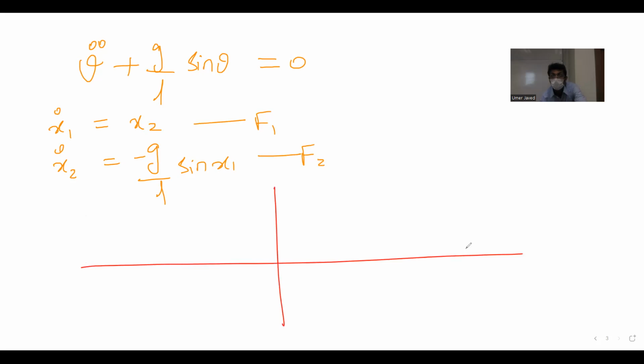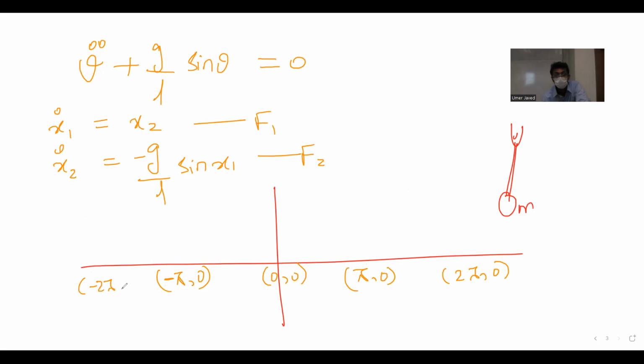So in the phase portrait diagram, you will find that for a simple pendulum, if this is the rigid rod and this is the bob, there are actually infinite equilibrium points. One is 0, 0. I'm skipping the details. Minus pi, 0. One is pi, 0, but then it continues, right? 2 pi, 0, minus 2 pi, 0, because the pendulum can keep on taking circles.